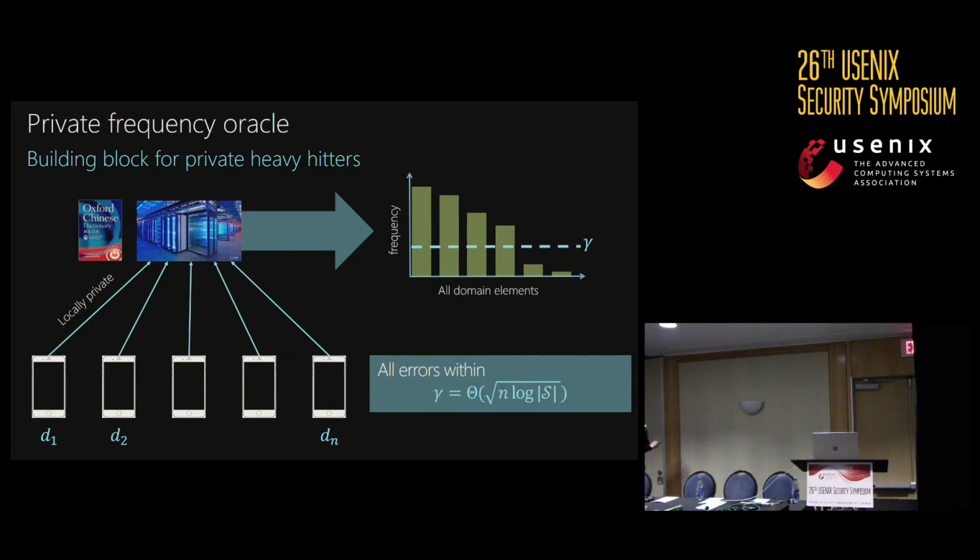Now this defines what gamma I can achieve. Because if I cannot solve the frequency problem with error better than this, then I cannot solve my heavy hitter problem either. So we'll try to find new words whose frequency is at least square root of n log S.